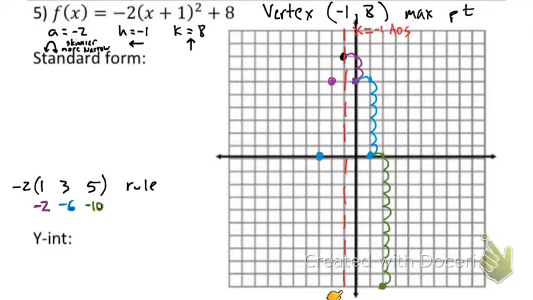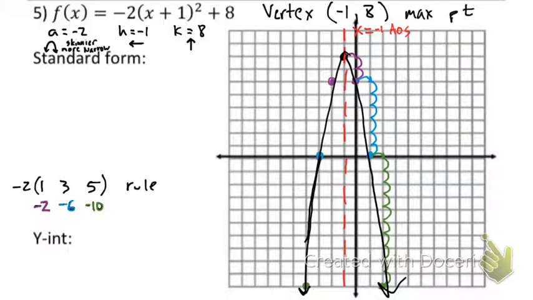So that's 1, 2, 3 over, 1, 2, 3 over. Okay, and now you have this beautiful graph. And that's our parabola. All right, hopefully this 1, 3, 5 rule is helping you graph. It's a quick way of doing it.